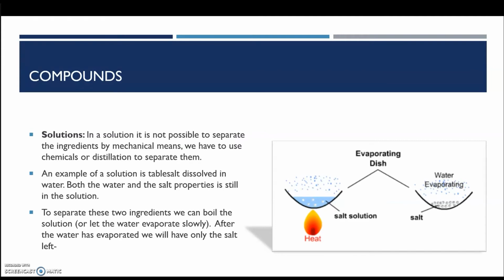Both the water and the salt properties are still in the solution. To separate these two ingredients, we can boil the solution or let the water evaporate slowly. After the water has evaporated, we will have only the salt left.